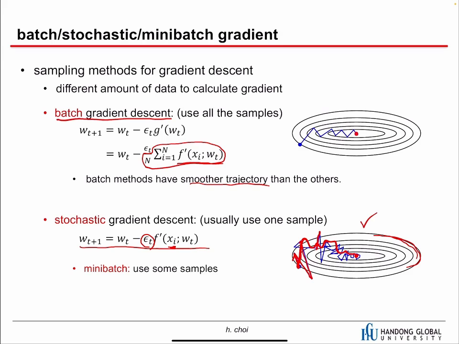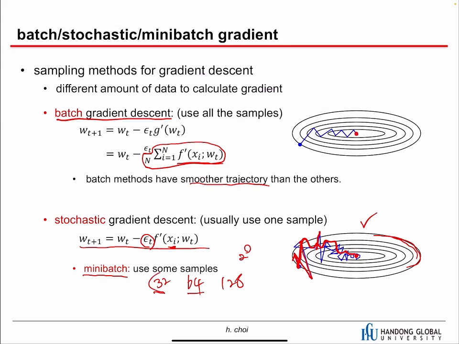But recently, many people prefer the mini batch gradient descent method, which is between batch and stochastic gradient descent. It means we use some samples, not all of them, not just a single sample. We use some samples like 32 or 64. The reason we use 32, 64 or 128 is that we are from computer science, so we prefer 2 to the power of something.